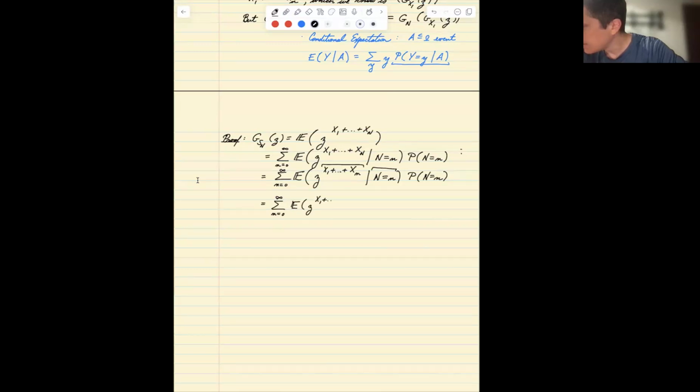And so now the benefit of this is we don't have any random variables in the index set. We don't have any condition. And we now just have over here the probability generating function of n i.i.d. random variables, which we know how to deal with.